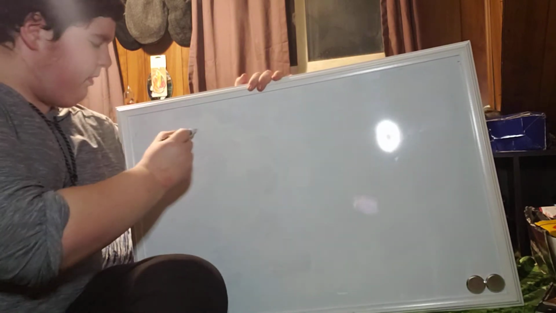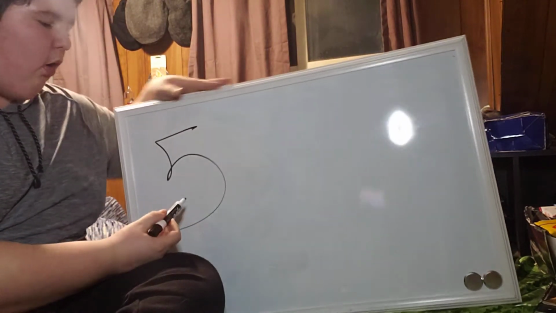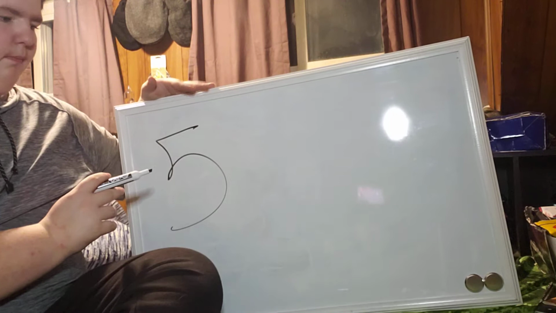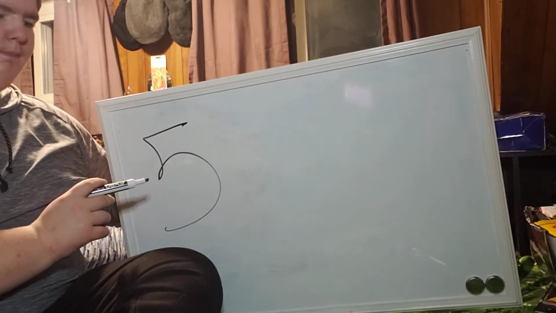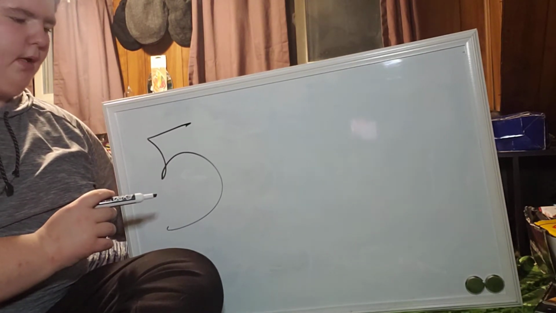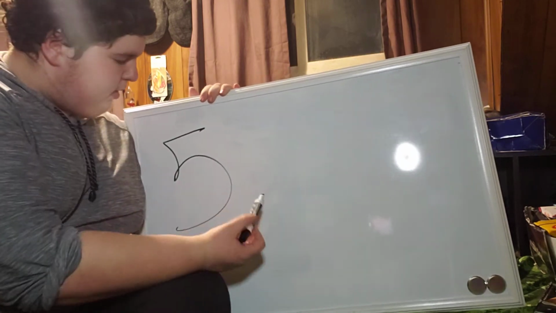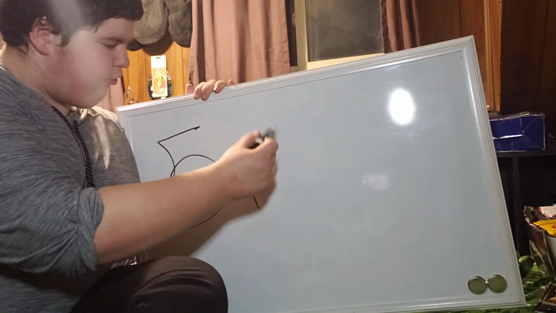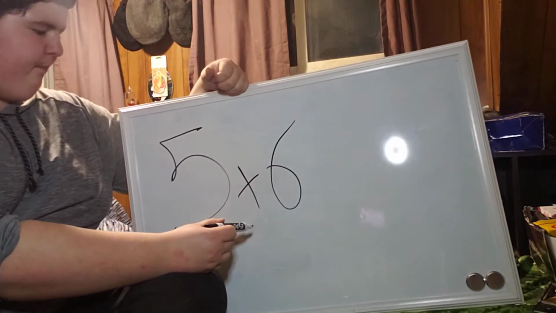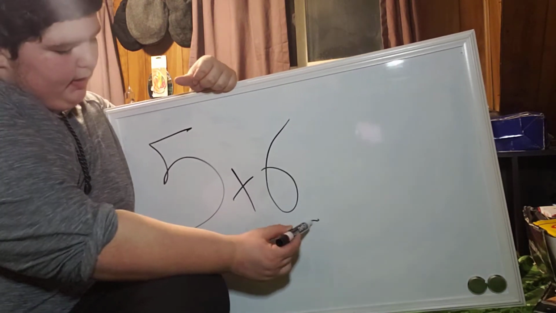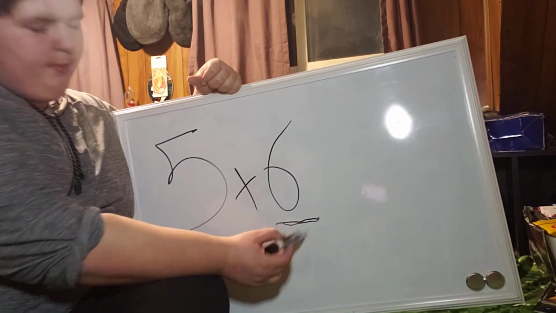Anyway, 5s are pretty simple. Just go off by 5s. So 5 times 6, okay? If this number here is an even number, it makes life a lot easier.